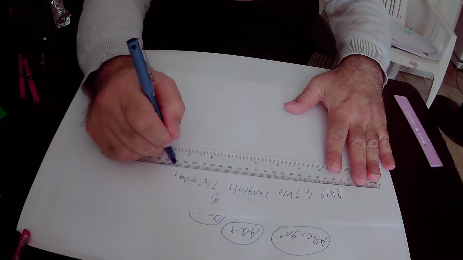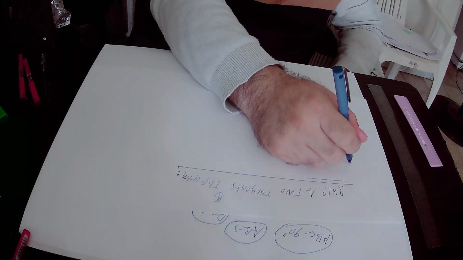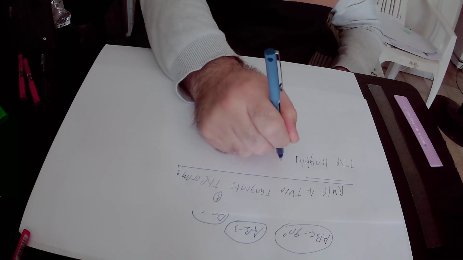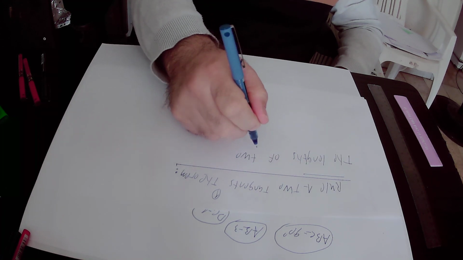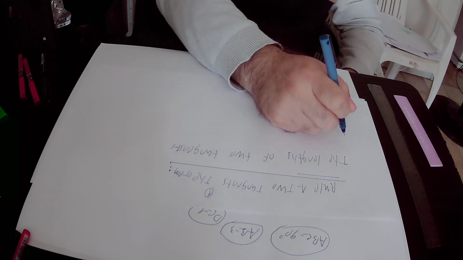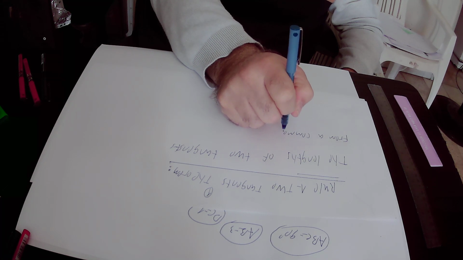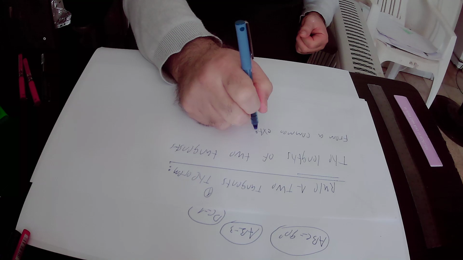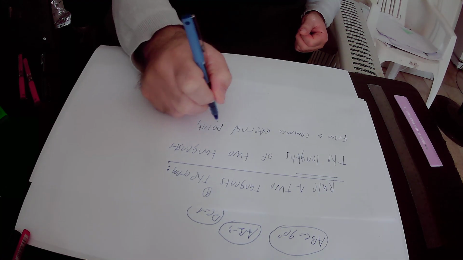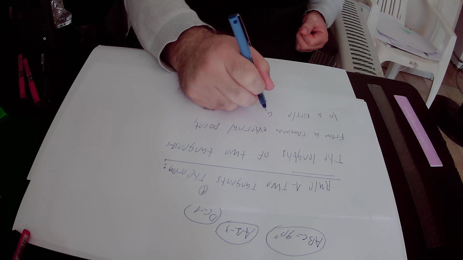Two tangents theorem states that the lengths of two tangents from a common external point to a circle are equal.